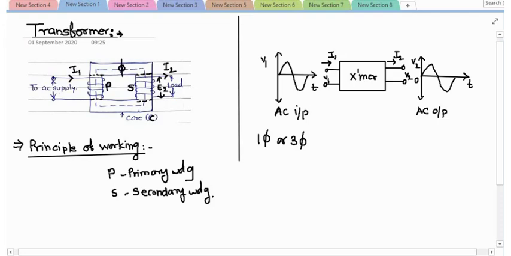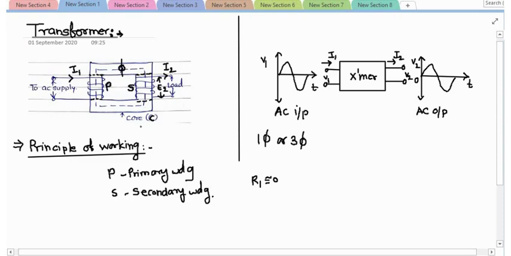Another reason for not operating the transformer on DC supply is that the resistance of the primary winding, let that resistance be R1, is very small, approximately equal to 0. It will draw a very large amount of current from the supply. The excessive current may damage the transformer.